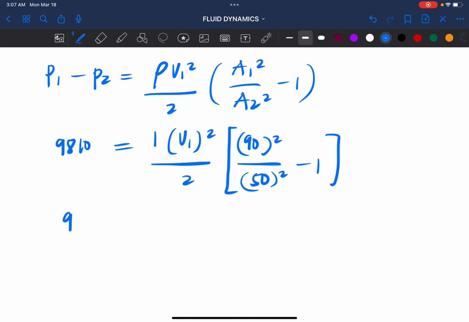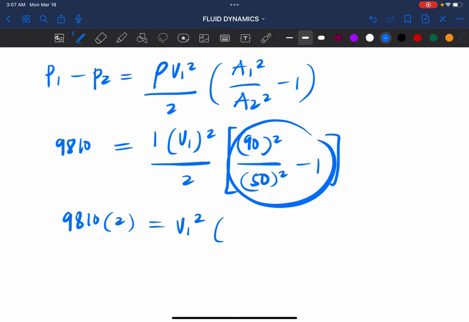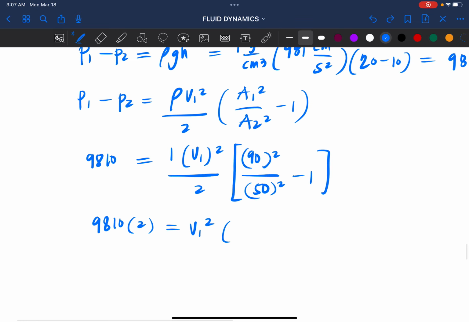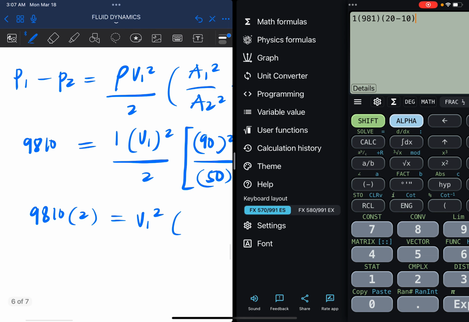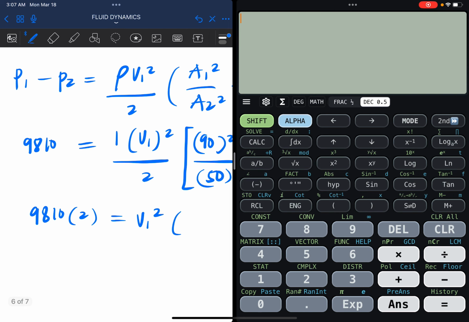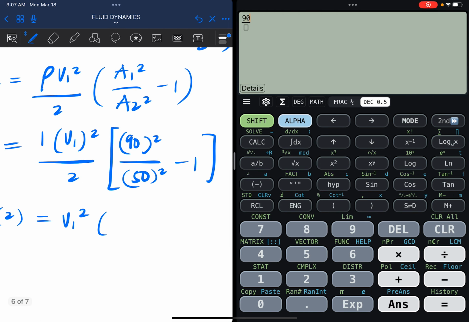So, magiging 9,810 times 2 is equal to V1 squared times. I-calculate nyo na to, class. I-calculate nyo na yan para ma-simplify natin. That is 90 squared over 50 squared, tapos minus 1.